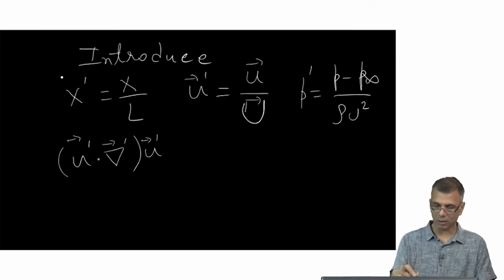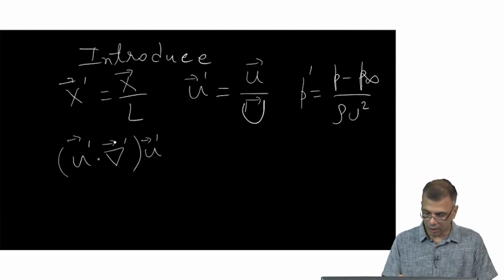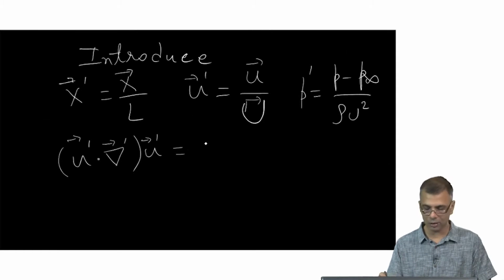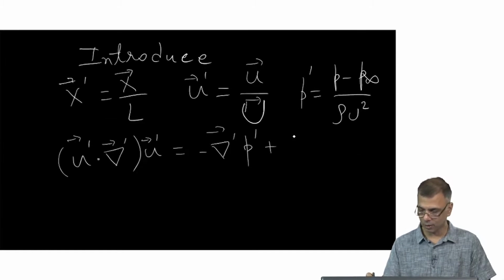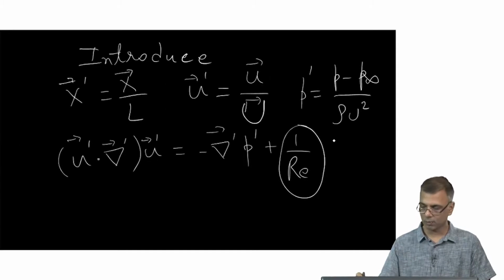Same for this. Notice even the gradient has a prime. We talked about this when we met last, and we will emphasize this once again in a minute. This is the all important term.